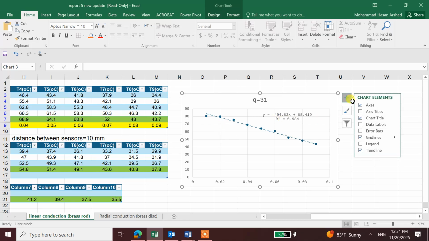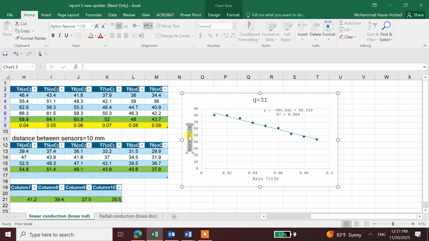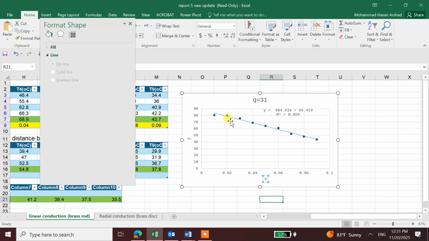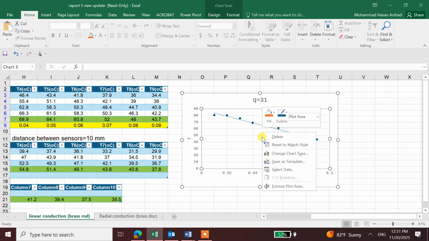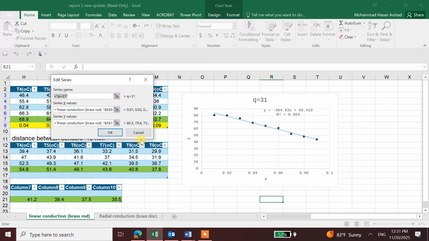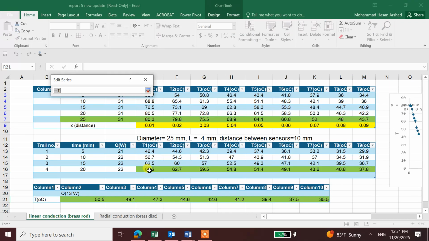If you want, you can add axis titles, but I don't want to make the video very long. T is on the y-axis, x is on the x-axis, and the slope is dT/dx, which is minus 494.83. Now we can do the same for the next one. Here we will take steady state one again, this one.